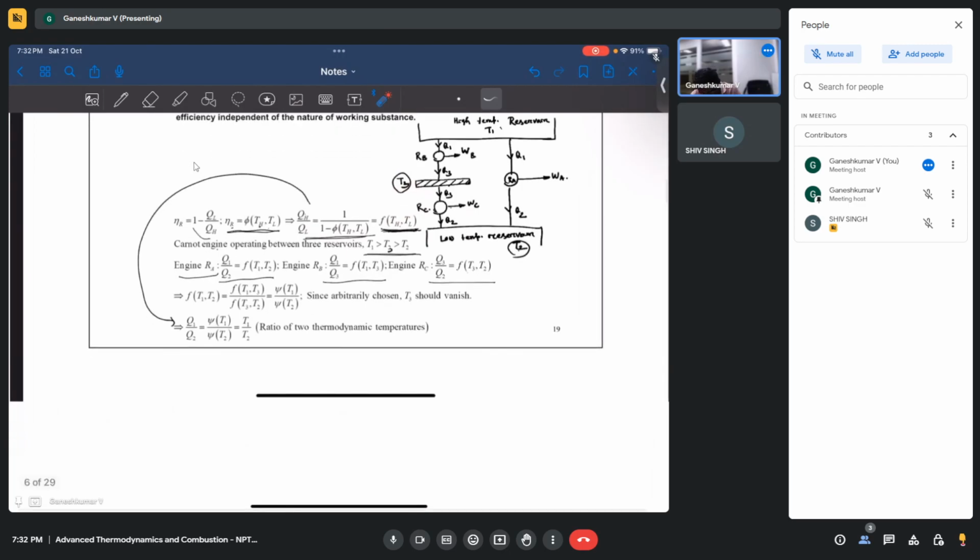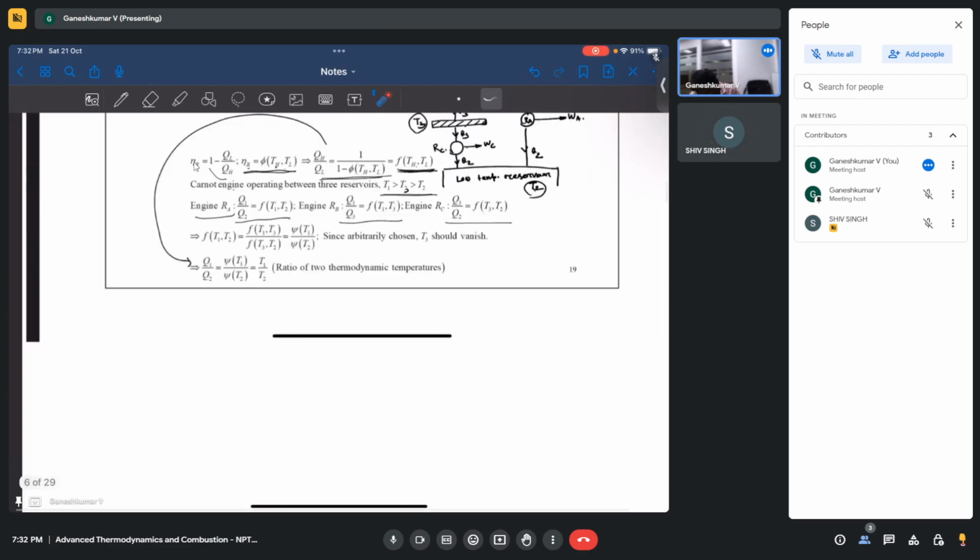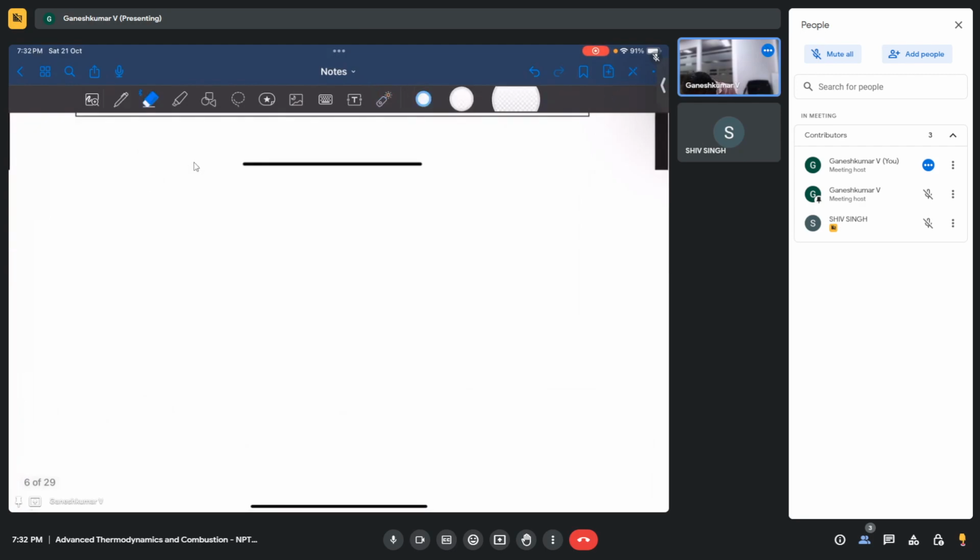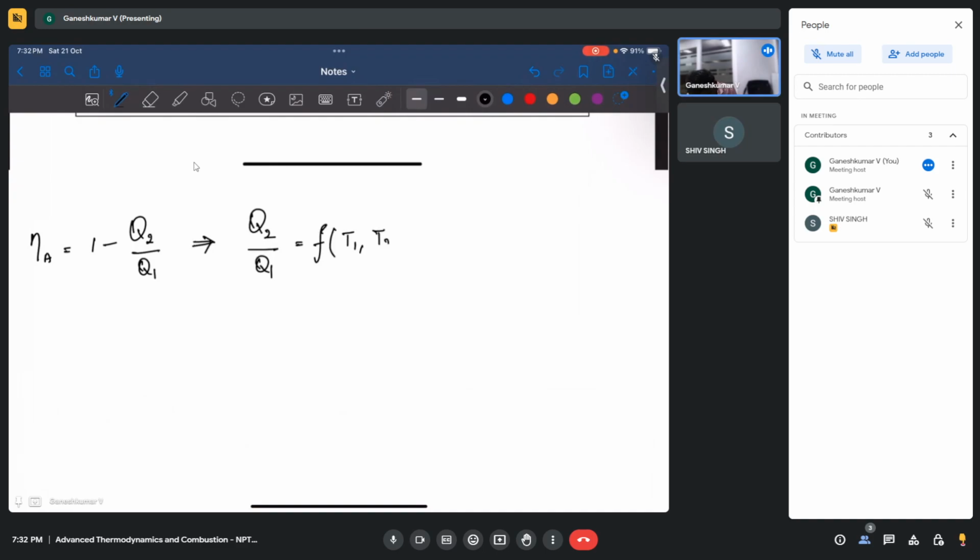So let me write it down for you. Engine A has efficiency 1 minus Q2 by Q1, which means Q2 by Q1 is some function of temperatures T1 and T2.